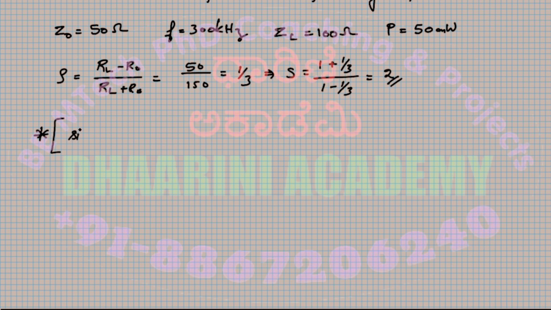Since ZL is greater than Z naught, Vmax is located at the load itself.